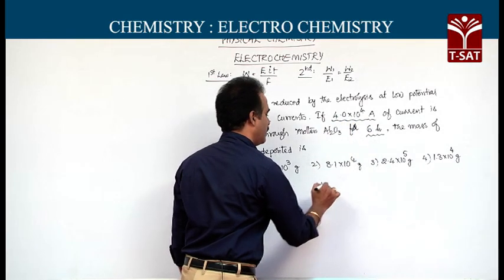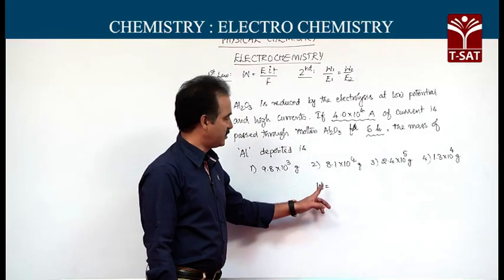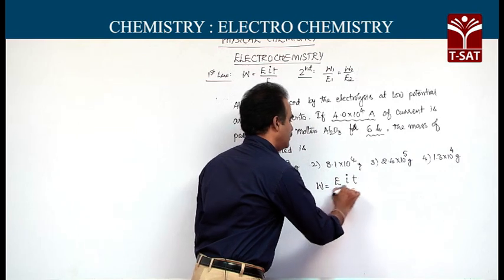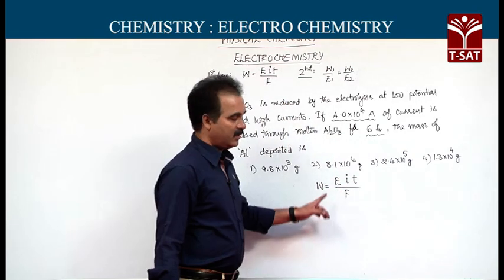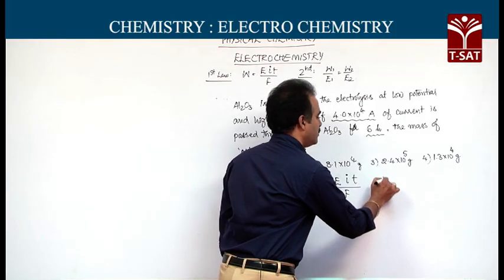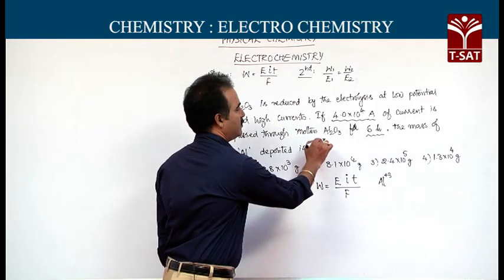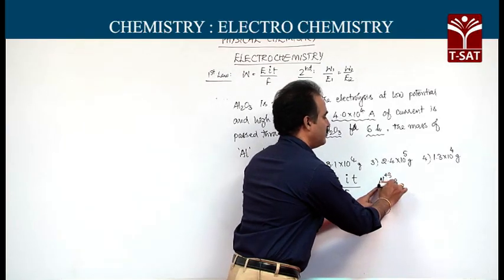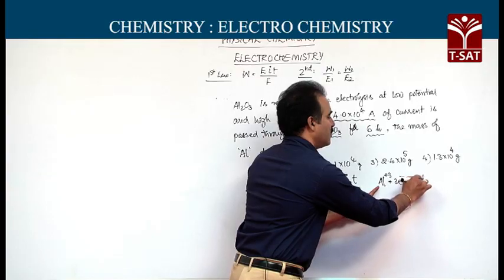We know according to Faraday's first law, W is equal to E I T by F, and the equivalent weight of aluminum, as we know, aluminum is tripositive in this compound, Al+3, and therefore it takes up 3 electrons to deposit as aluminum.